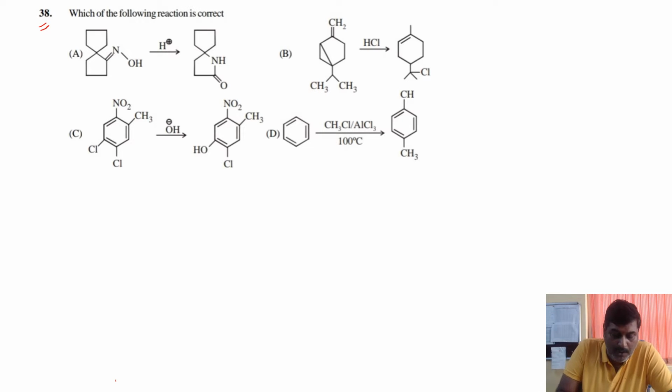If you see option A, it is basically the Beckmann's rearrangement. When this OH group leaves, being protonated, like OH2 plus because the H plus is there, then certainly this nitrogen will have a vacant orbital, so whatever group is present anti to this will migrate to this place.